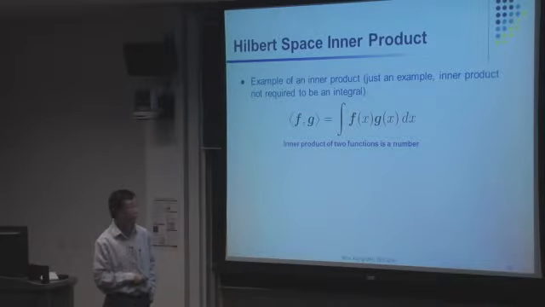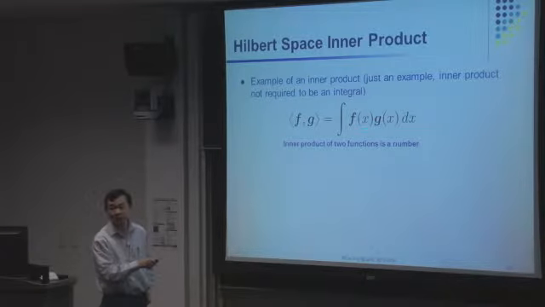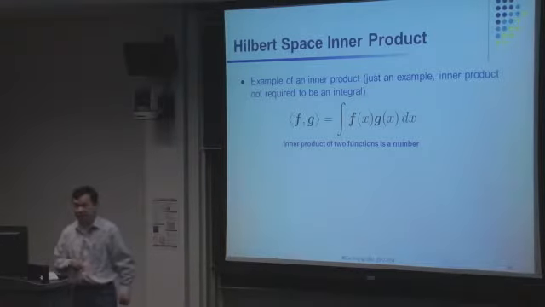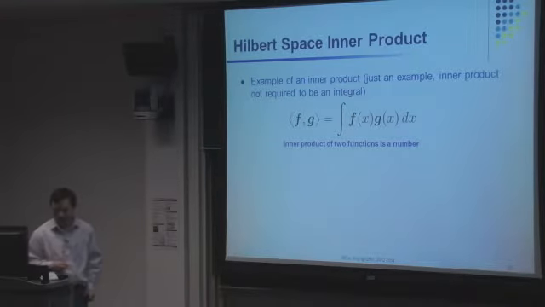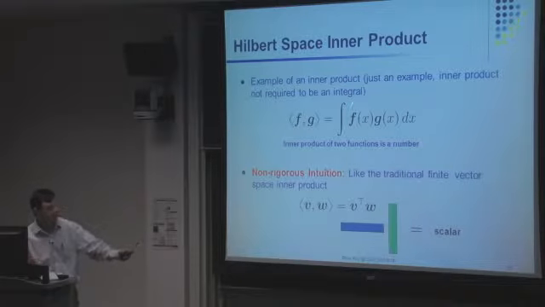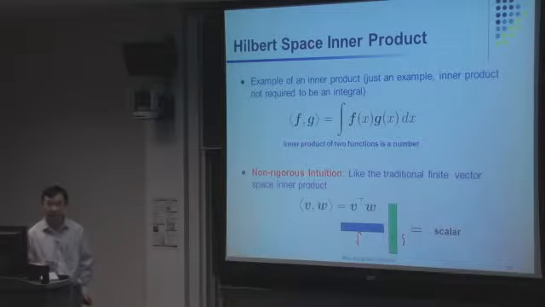And here is an example. For example, in the Hilbert space, the inner product is now defined as the integral of these two corresponding functions. You can probably see this abstract picture. Imagine this one f is one of these vectors, and that one g is one of these other vectors.